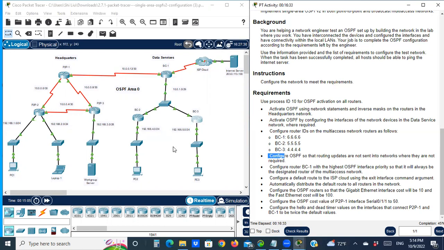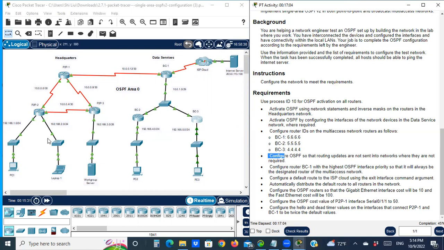So the local LAN networks don't need the routing information. So we need to configure the interfaces that connect to the local LAN to be passive interfaces. This way, we can save resources and reduce the use of bandwidth as well.